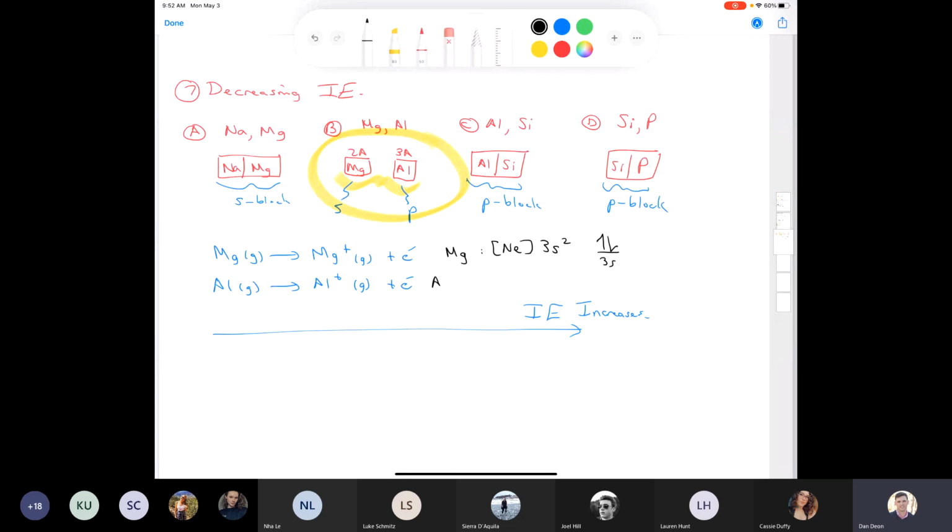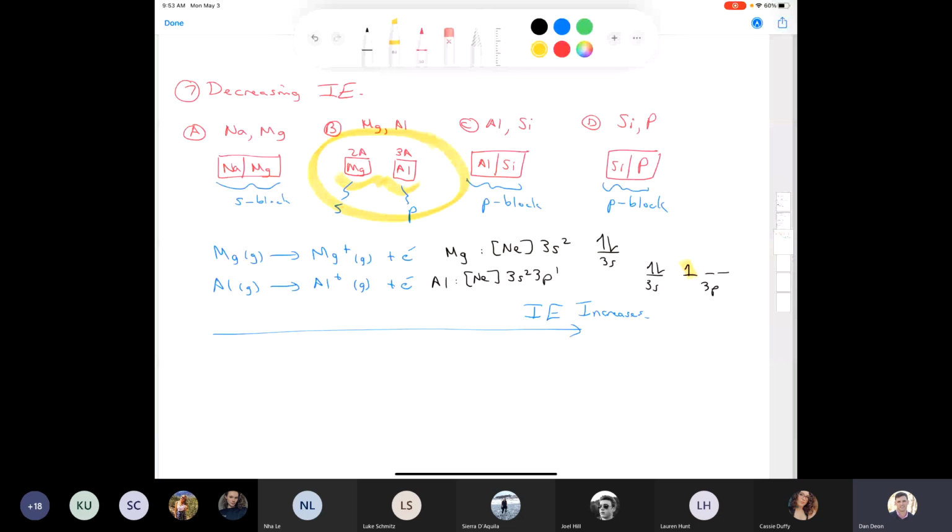Whereas if we look at aluminum, we have neon, then 3s2, 3p1. So you have the 3s orbital that's got two electrons in it, then you've got the 3p orbitals that has only one electron in it. And so it's actually easier to remove this electron that's unpaired in this p orbital.